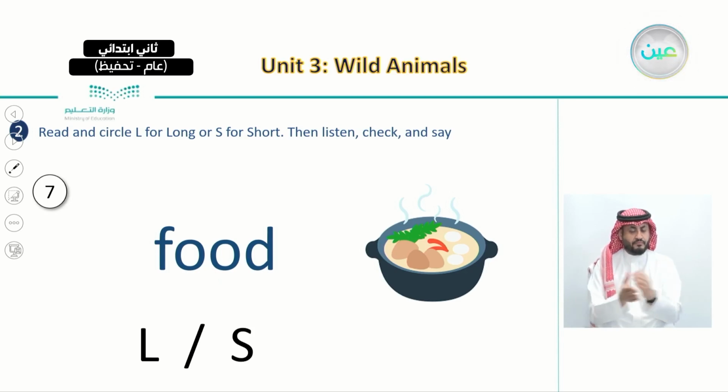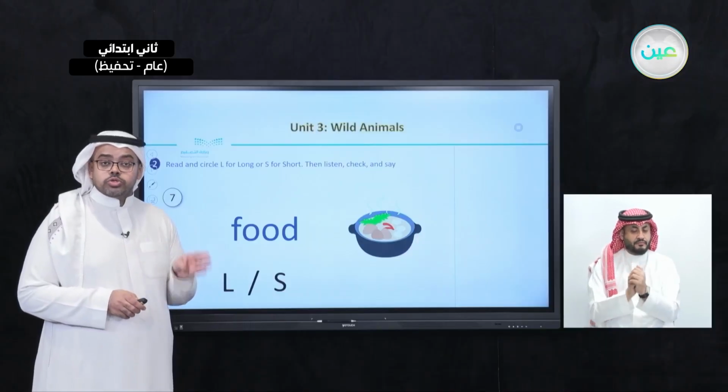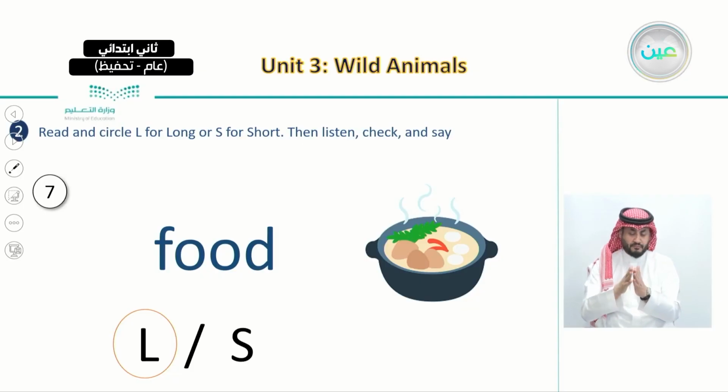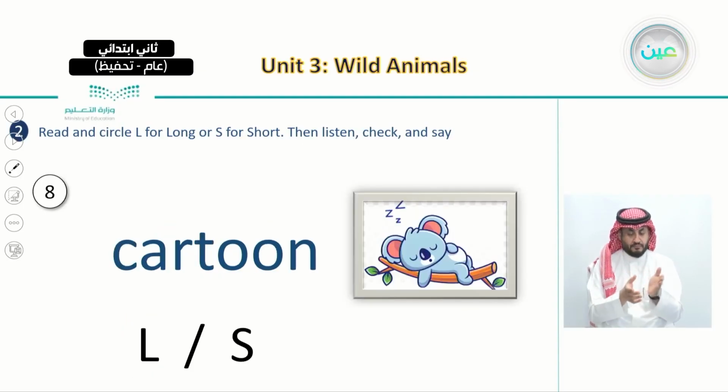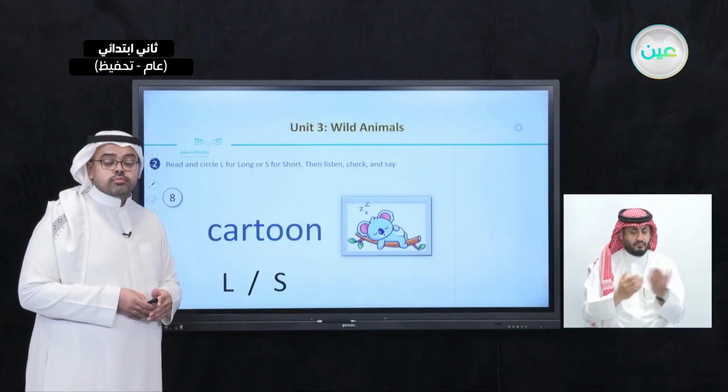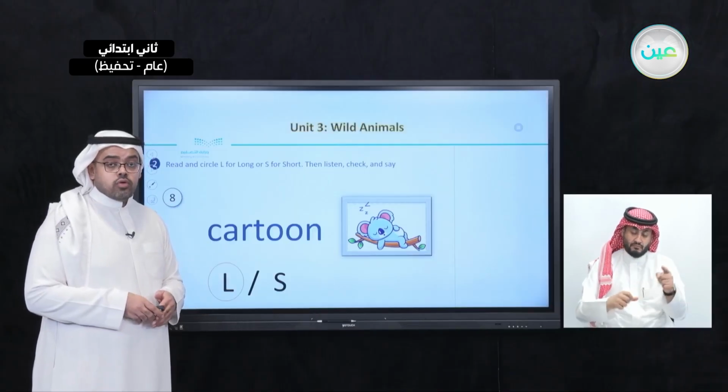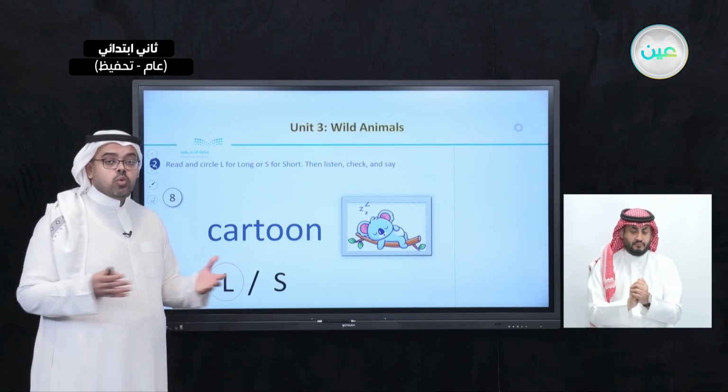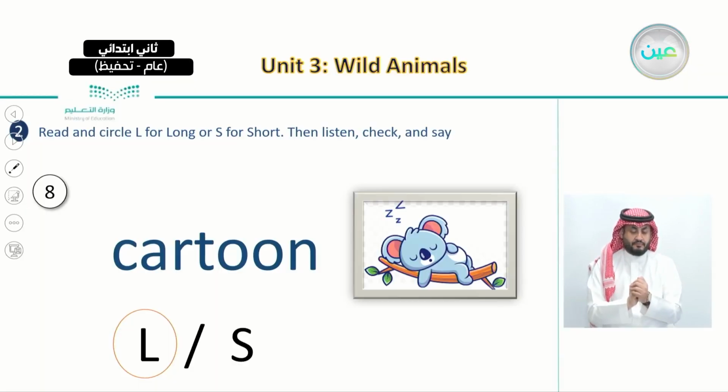So the word food, is it long or short? It, of course, has the long form of double O's. Number 8, cartoon, cartoon, cartoon. So what do you think? Of course, it is the long form, as in moon, cartoon.